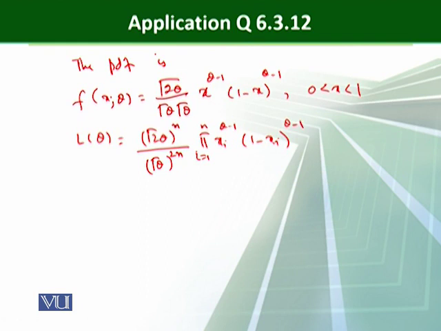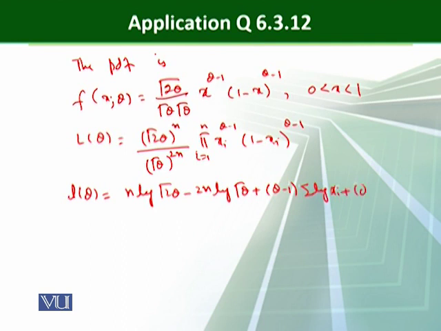If we take the log likelihood function of this one, that is actually log L of theta, we get n log gamma 2 theta minus 2n log gamma theta, plus theta minus 1 into sum log Xi plus theta minus 1 into sum log (1 minus Xi).